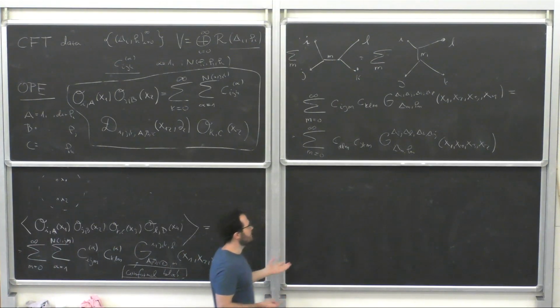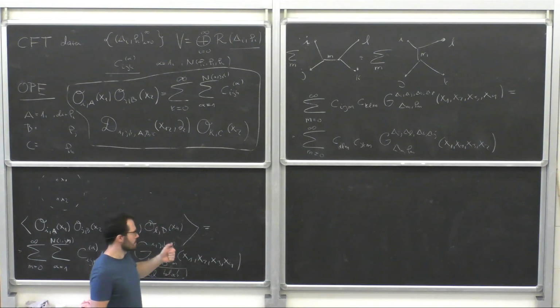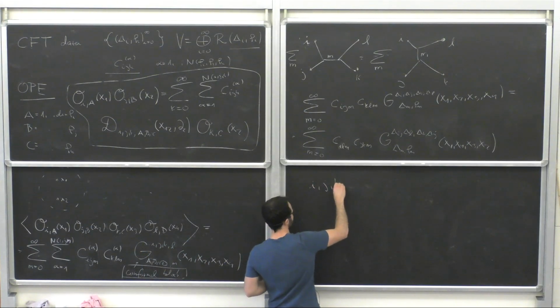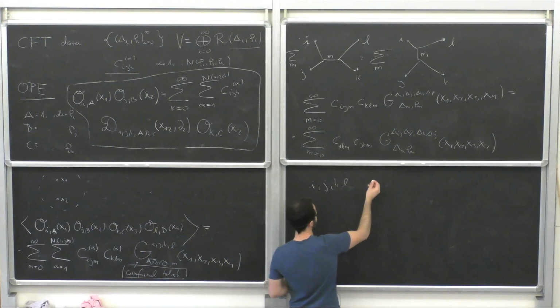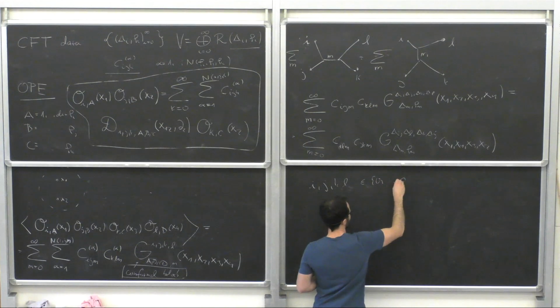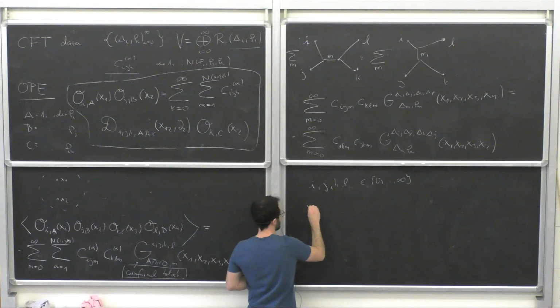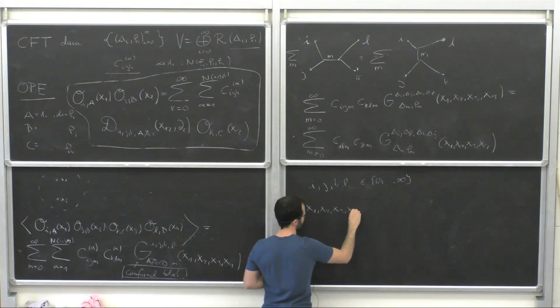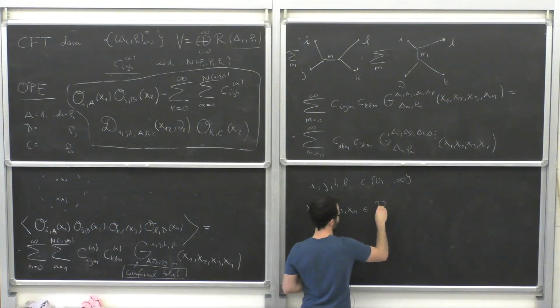And it's a very large set of equations, because I, J, K, and L are arbitrary, so IJKL range from 1 to infinity, or 0 to infinity. And also x1, x2, x3, x4 are some positions in R^D.